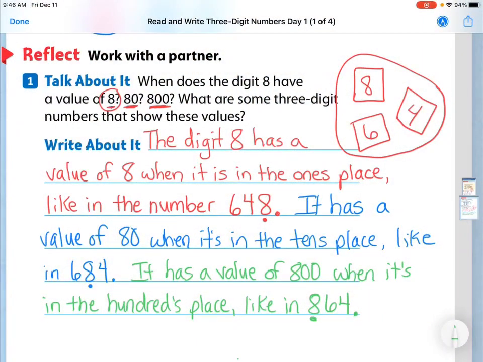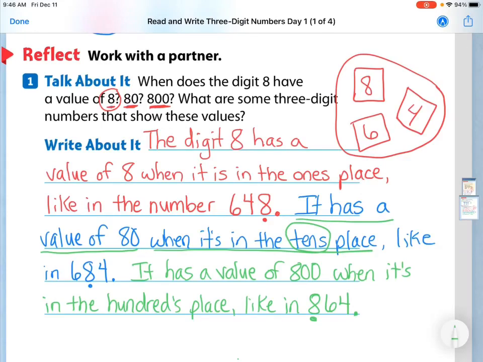Okay, I hope you finished writing your 2 sentences, and this is how I finished out mine, and hopefully you have something similar. I wrote in blue, it has a value of 80 when it's in the tens place, like in 684, and you could have used 486 if you would have liked.